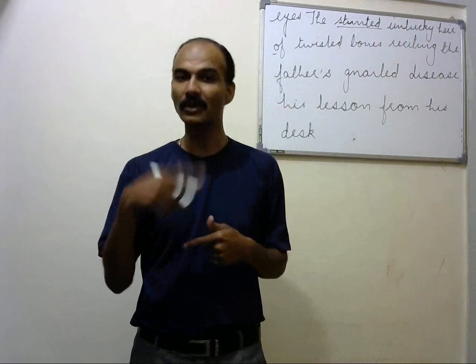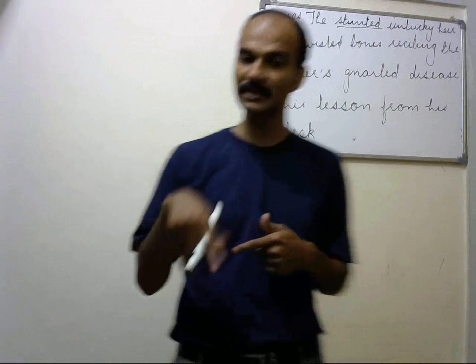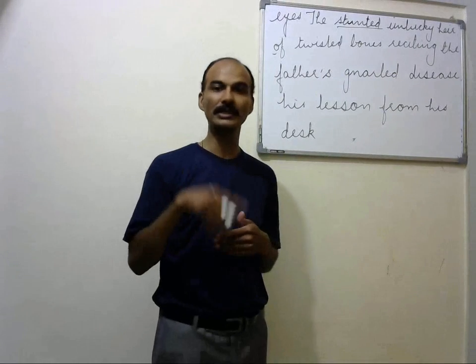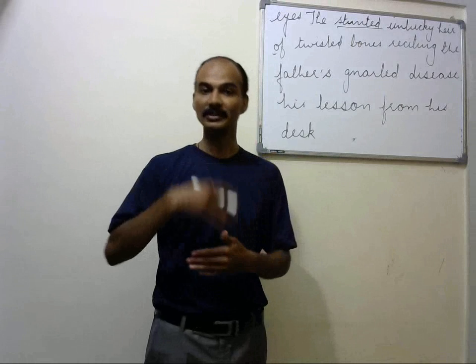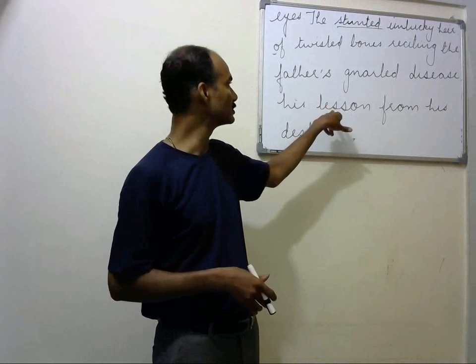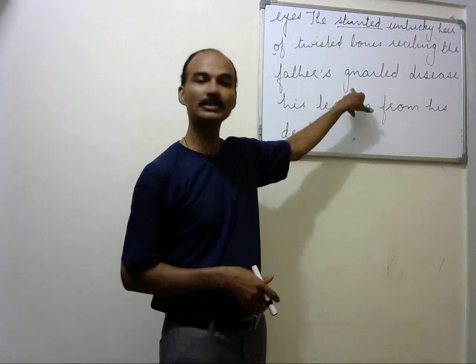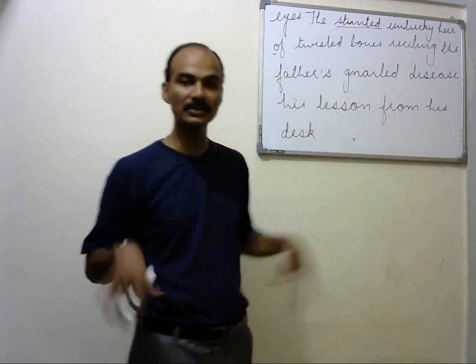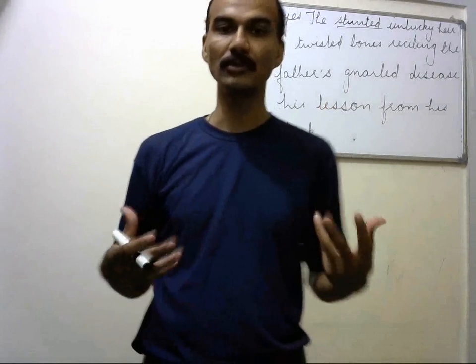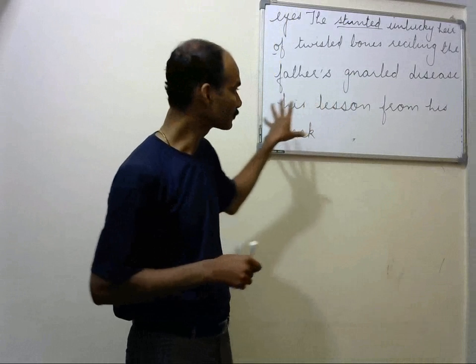So it goes on and on. The situation is continuing for generations. So that's why reciting the father's gnarled disease, his lesson from his desk. Gnarled disease means the disease of twisted bones. That's what the poet means here.